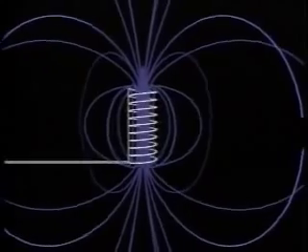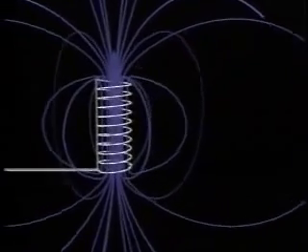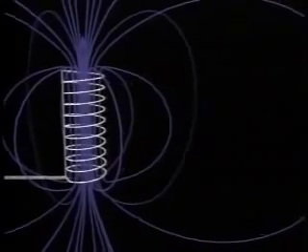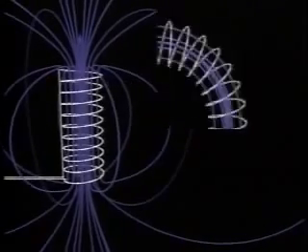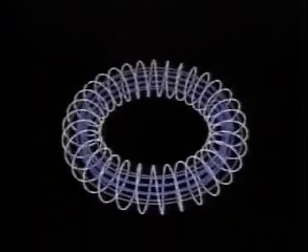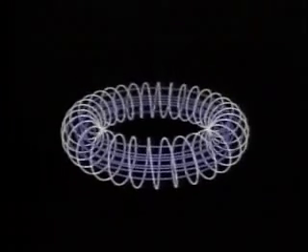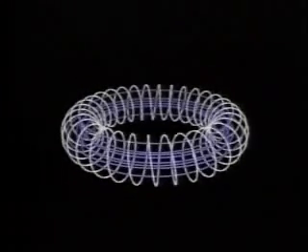It creates a field much like that of a bar magnet. If the solenoid is bent around into a circle, the donut it forms is called a toroid. The magnetic field of a toroid is contained completely inside the windings. There are no field lines outside.